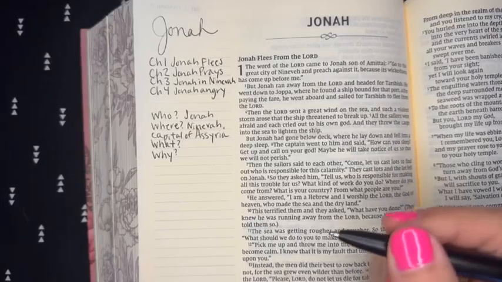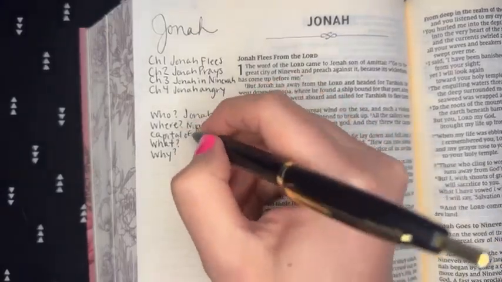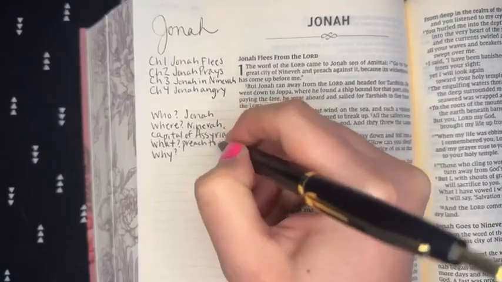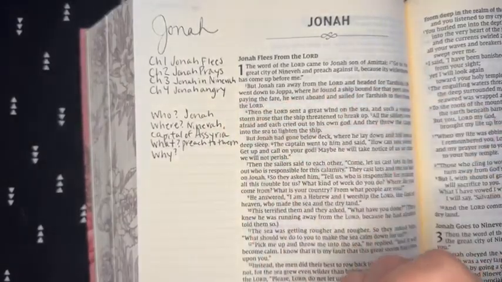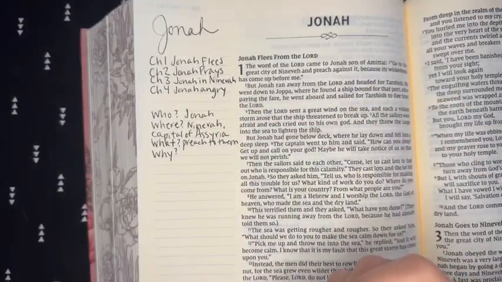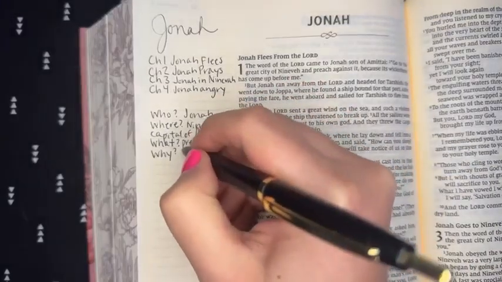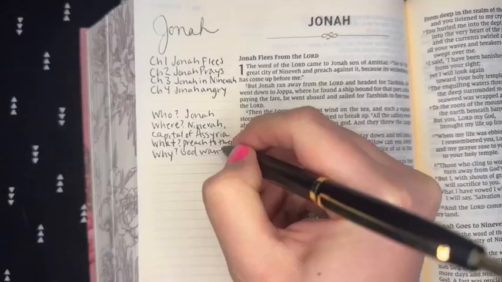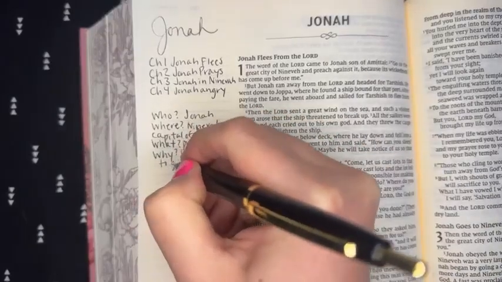So God asks him to preach to them. And the problem is that Jonah, or the why is God wants to give them a chance.